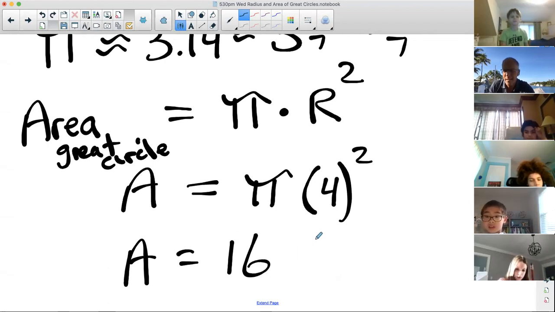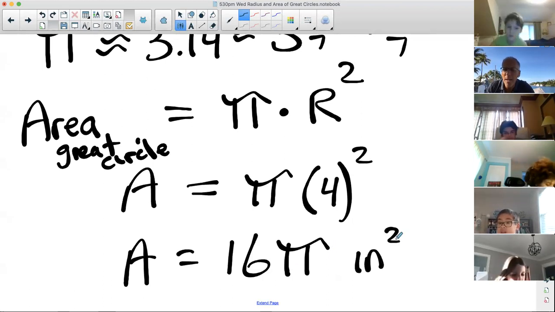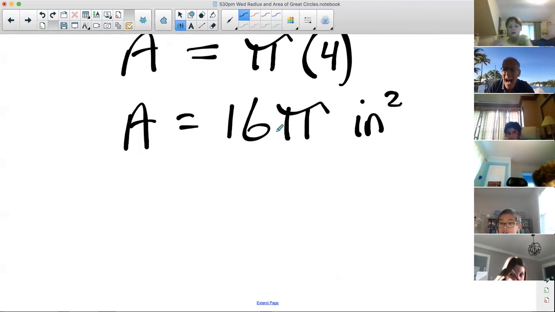Come on, say it, guys. It is definitely not 16. Right, Adalia, it's 16 pi square inches. That's the actual great circle area of a soccer ball.